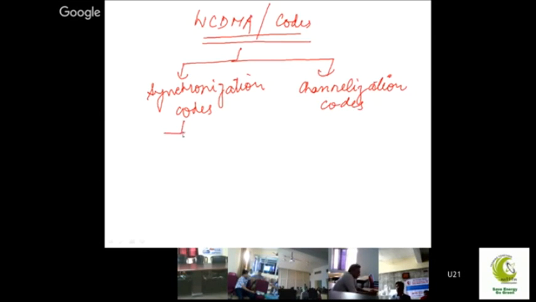Both of them are of two types, that is uplink and downlink.